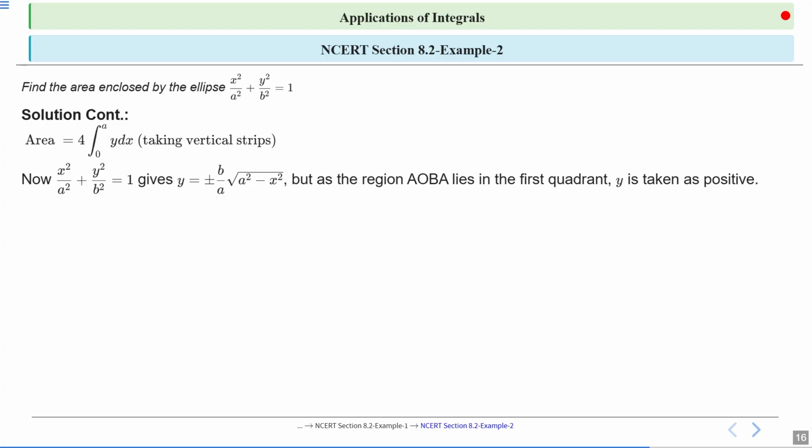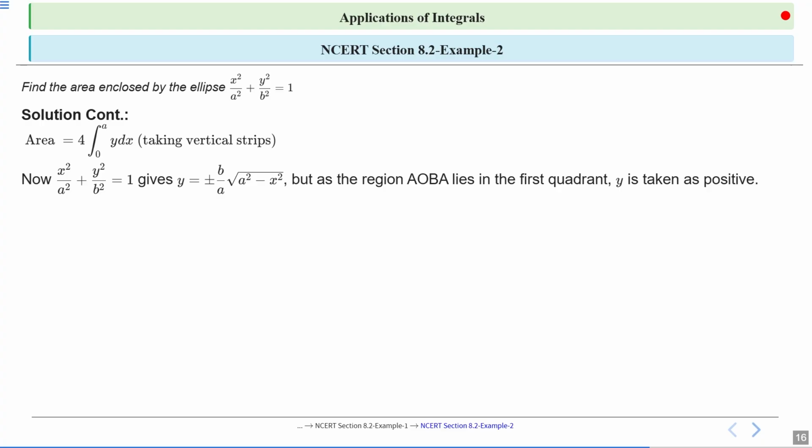We have the equation of the curve, x square by a square plus y square by b square is equal to 1, which gives y is equal to plus minus b by a. Just take y on the left hand side, and take everything else on the right hand side. So we get y is equal to plus minus b by a root under a square minus x square.